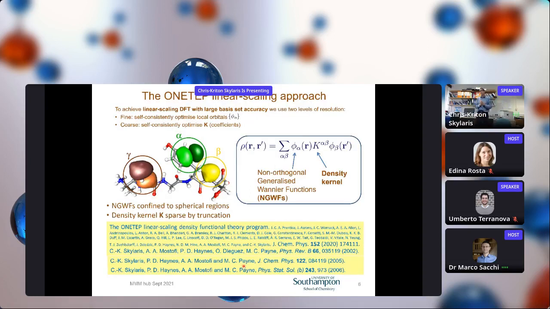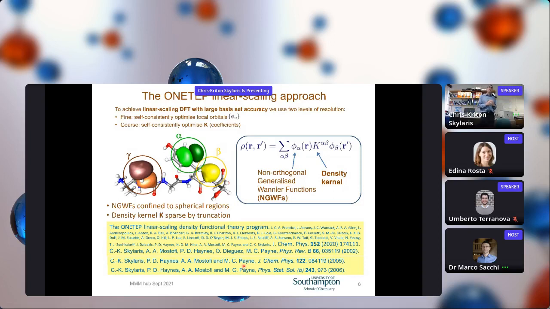So this has been an area of research that, with many developments, the linear scaling DFT methods have been developed for 30 years or so. And it's an area which proved very difficult at the beginning because we are working with conflicting requirements.